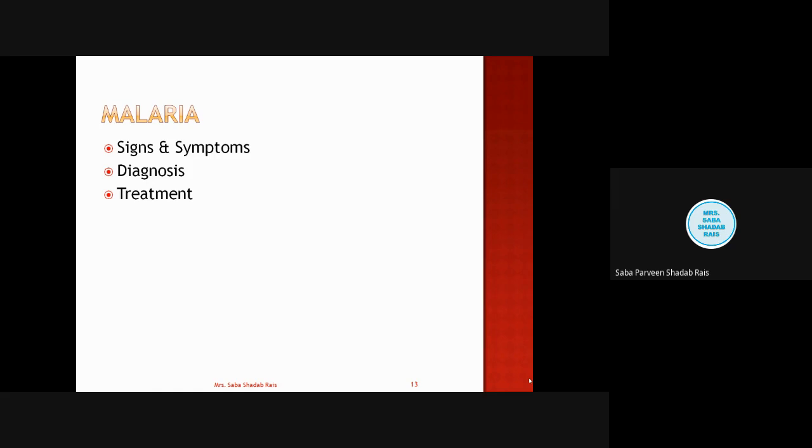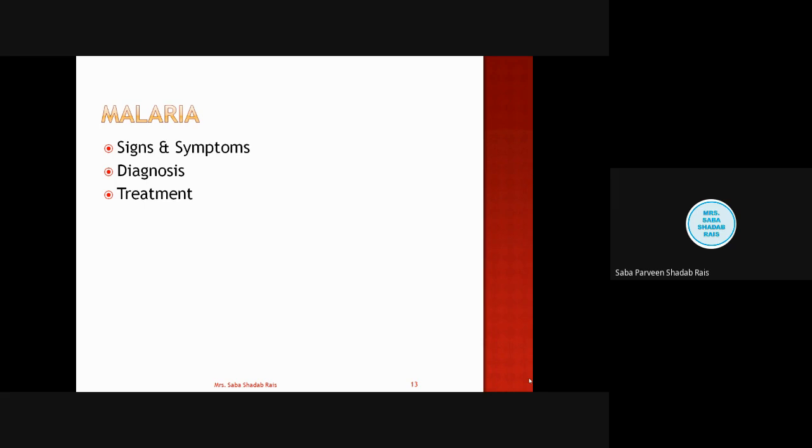These monoclonal antibodies are prepared against the malaria antigen, and after that they are conjugated to particles in the mobile phase. This particular test contains the immobilized monoclonal antibody, and these antibodies will capture the antigen.